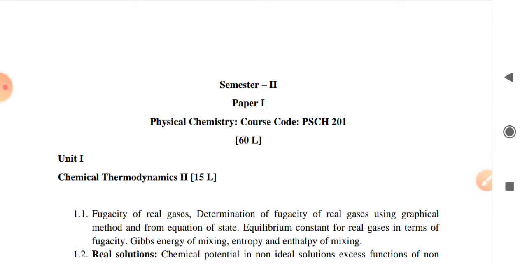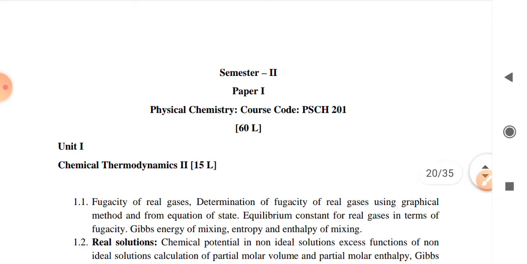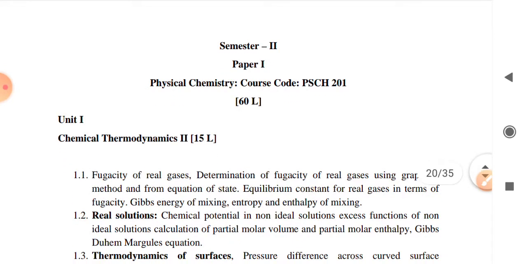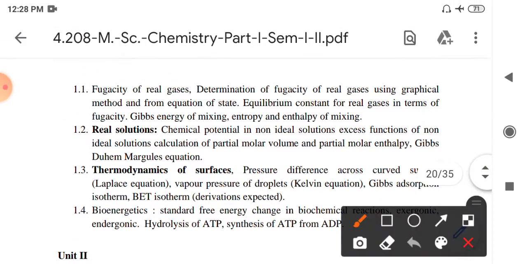Likewise in the previous semester, there are 4 units: thermodynamics, quantum chemistry, chemical kinetics, and the last one is electrochemistry. Likewise, we have chemical thermodynamics, which is the extension of the first unit in semester 1.